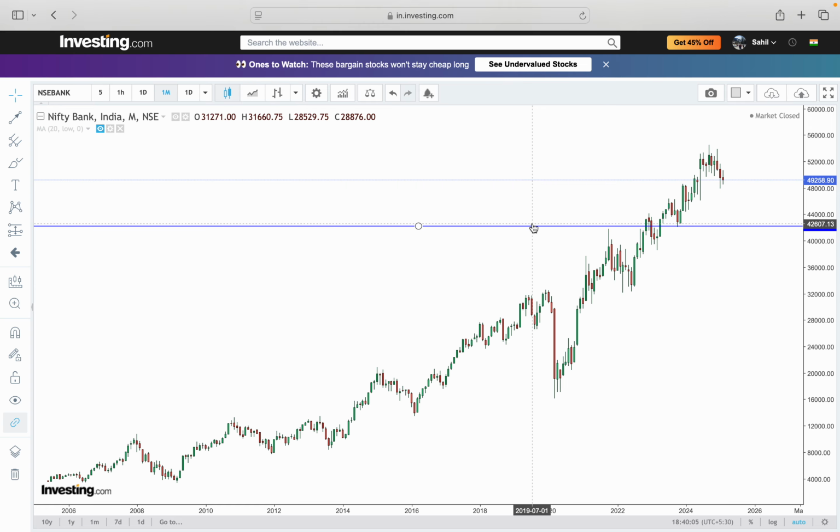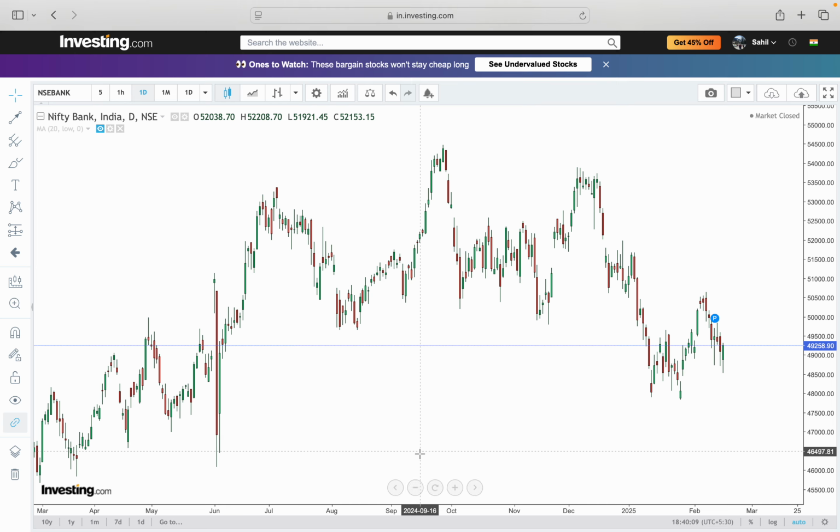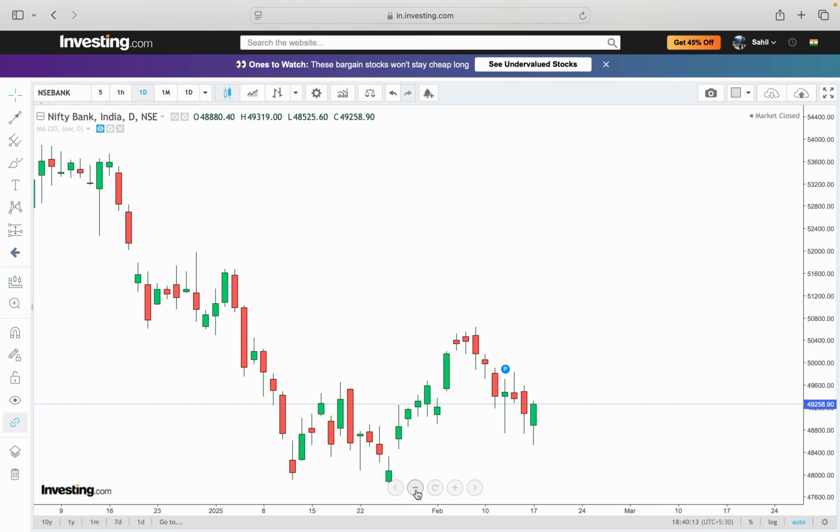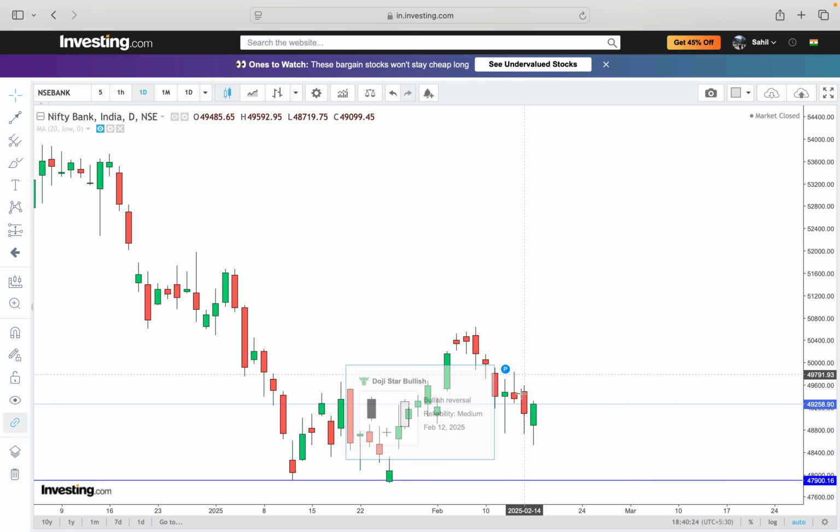I'll eliminate these lines and simply move to daily. Now, in order to see what's happening, we zoom in closely on the daily price charts, and we are obviously seeing a double bottom at this point. I'll mark a horizontal line here. This is obviously a W pattern, and that was in play.